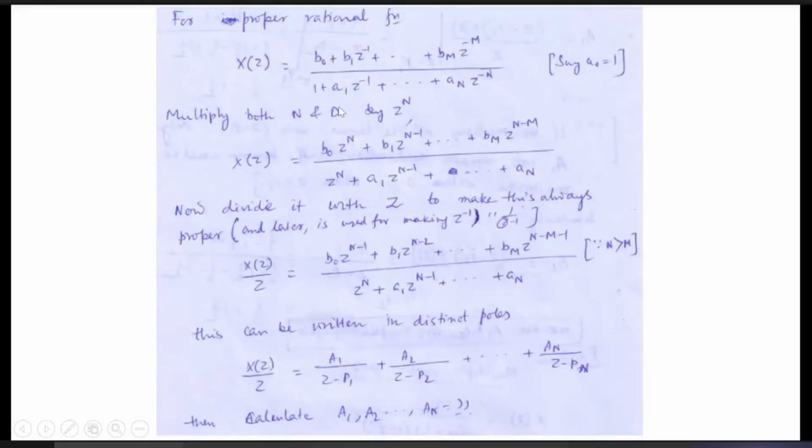So we multiply both of the terms by z to the power n, to get this in one form, like this way.